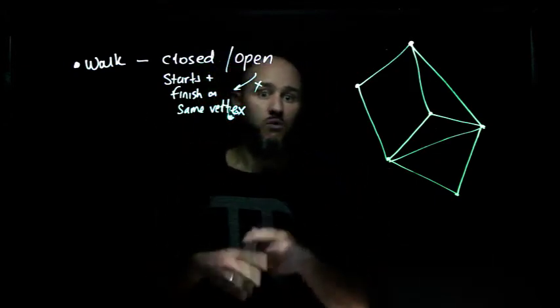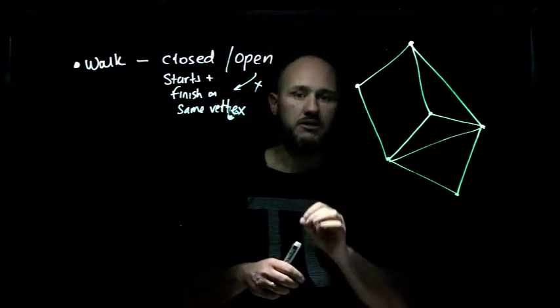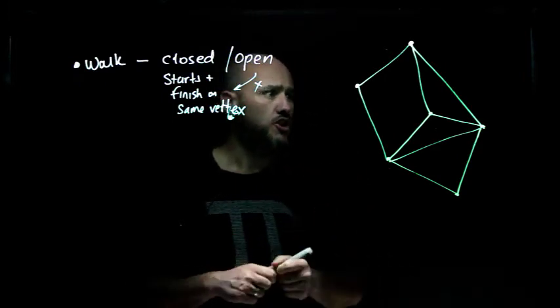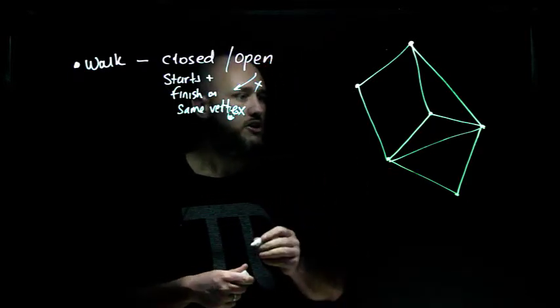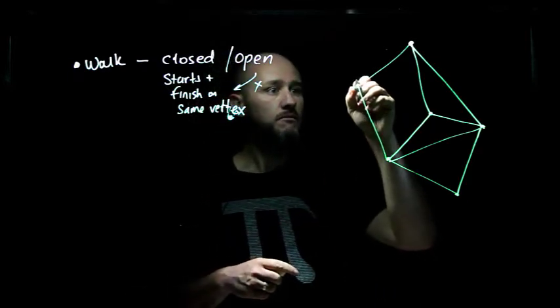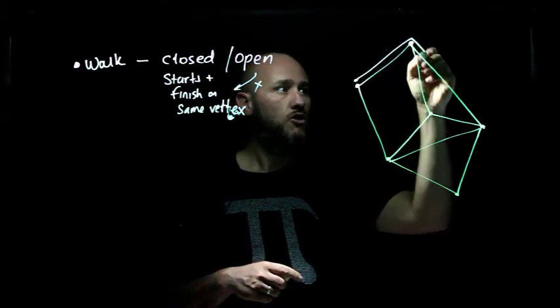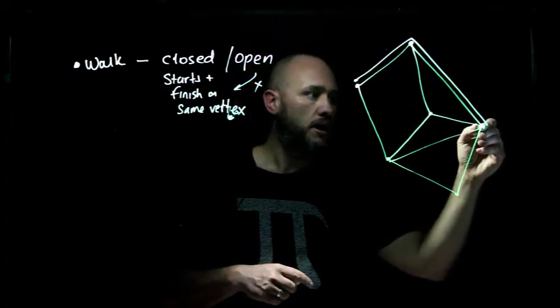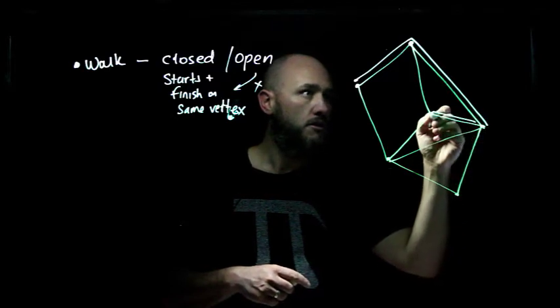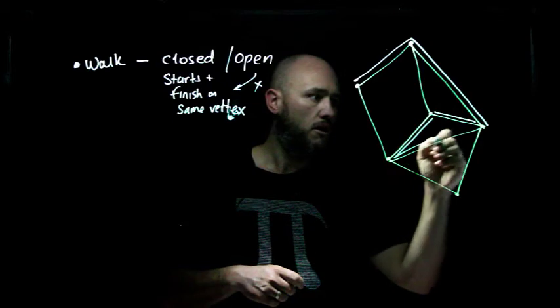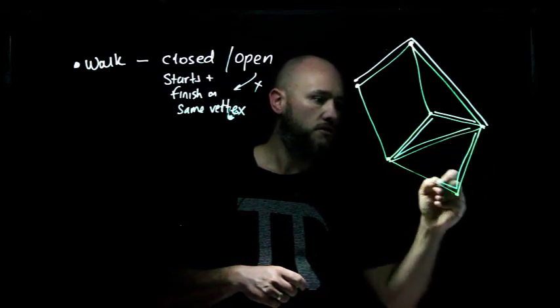Now, within this group of walks, you can have two other things called a trail or a path. So I'm going to show you an example of a trail, and then I'll show you an example of a path. So a trail starts at a vertex, you walk around, and in a trail, I might do this, and go up here.